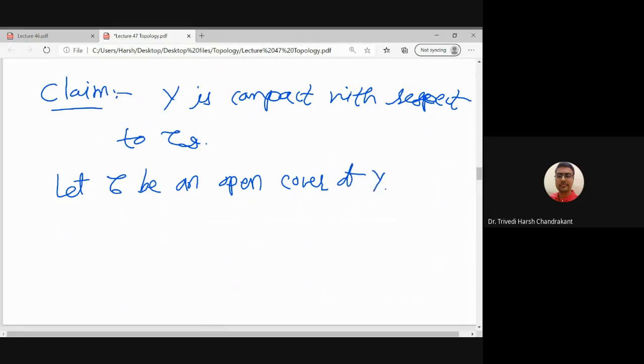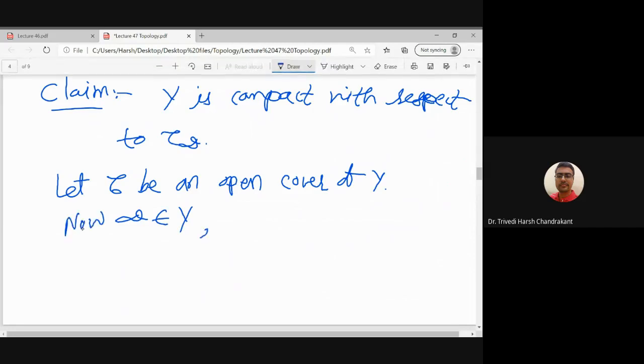So if we start with an open cover of Y, since we have an open cover, each element of C is an element of tau infinity, it is open with respect to the topology tau infinity, and we know that infinity is an element of Y. So there exists some element of this cover which contains infinity, right?